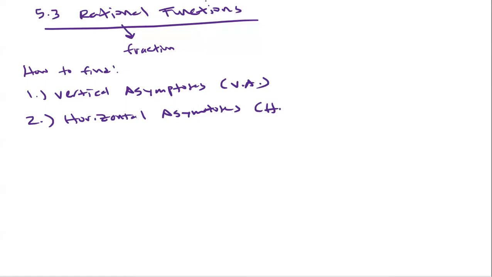Okay. And actually a third component, and that would be if there's any oblique ones as well. Okay. So oblique asymptotes. All right. So that's a key right there.